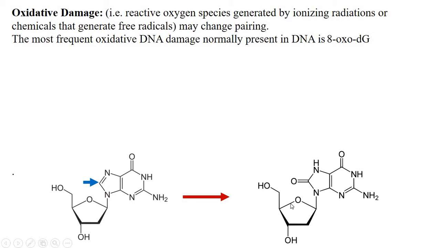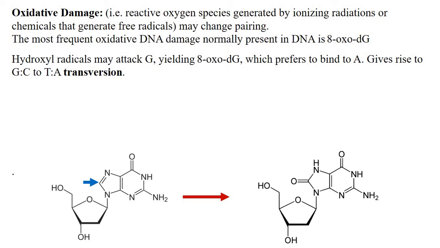This guanine molecule can convert into this 8-oxoguanosine, and that 8-oxoguanosine is usually formed by the attack of hydroxyl radicals. And this 8-oxo-dG will prefer to bind to A instead of C. The guanine should bind to a cytosine, but instead of binding to a C, 8-oxo-dG binds to A, and it will give rise to a GC to TA transversion.